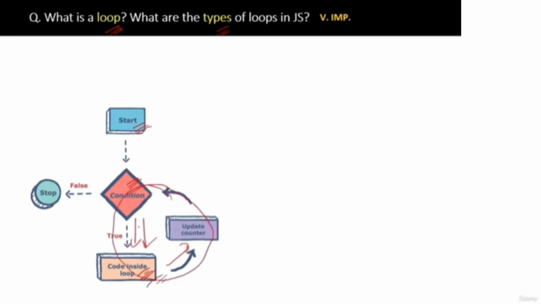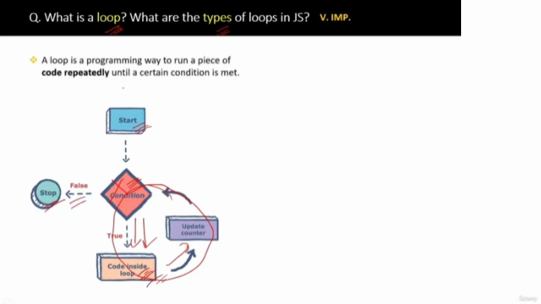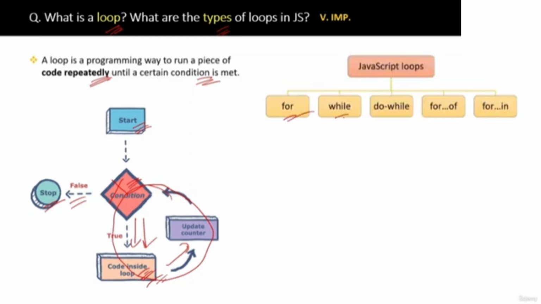That's why we call it a loop. Once the condition is false, the execution will exit the loop. Simple. The definition is, a loop is a programming way to run a piece of code repeatedly until a certain condition is met. In JavaScript, we have 4-5 types of loops: for, while, do while, for of, and for in loop.